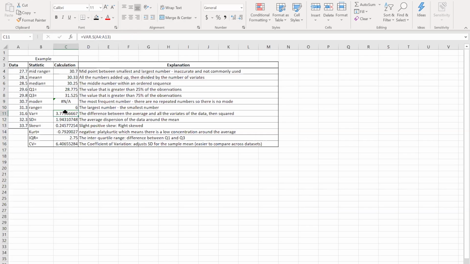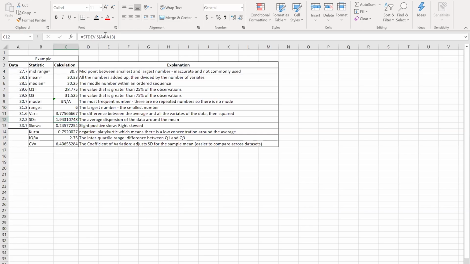The variance for this sample, we're using var.s for the selected data, right? So we don't have to type in the equation or anything like that. We're just using the var.s function. And again, the variance is the average of the squared differences from the mean, divided by the degrees of freedom.